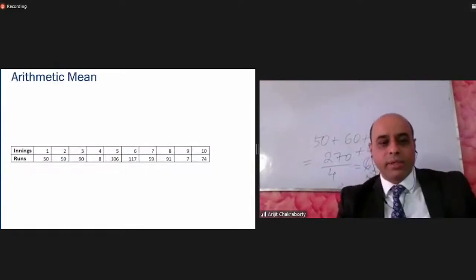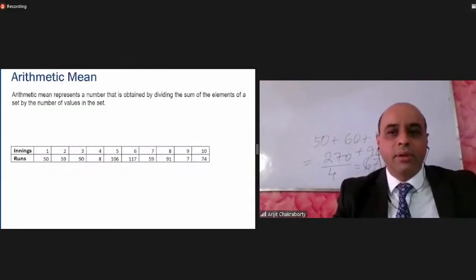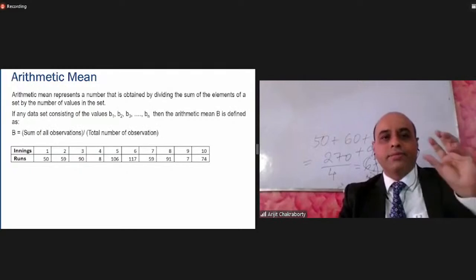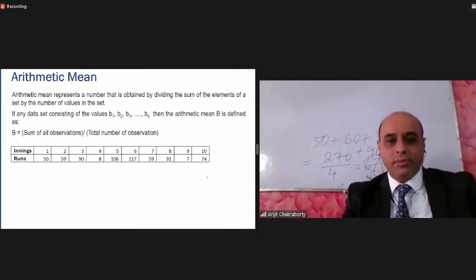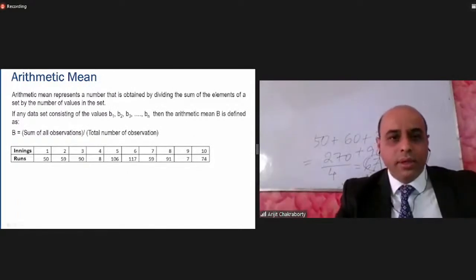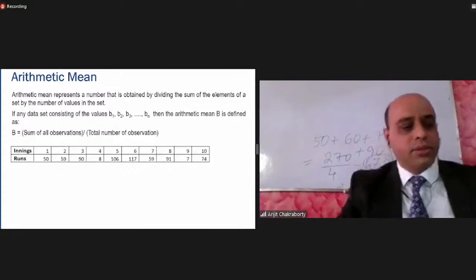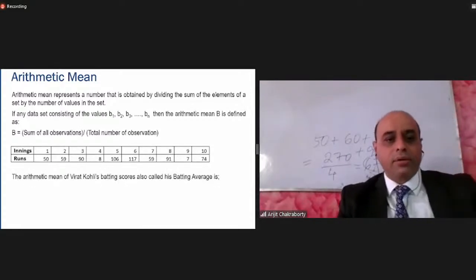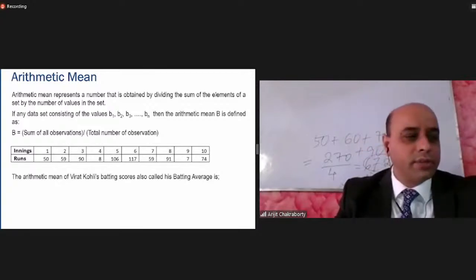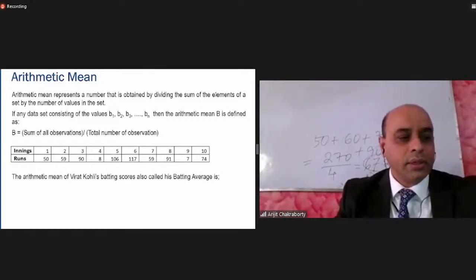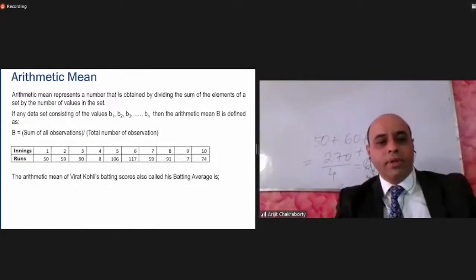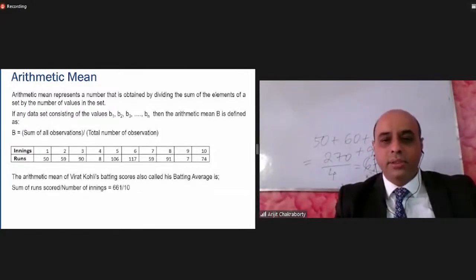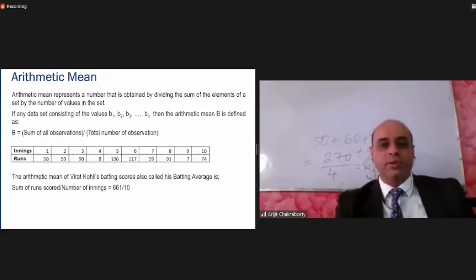Now let us take an example, say, Virat Kohli. In this table you will find quite a number of data, the runs which Virat Kohli has got. Now if you look at the arithmetic mean, the total innings are 1, 2, 3, 4, 5 till 10.